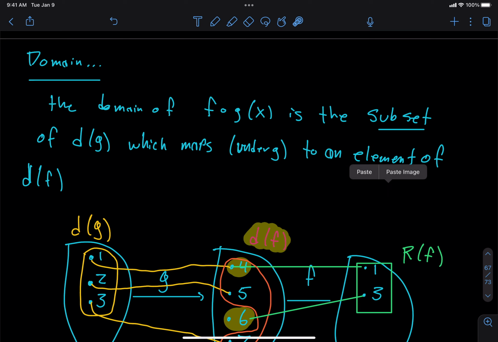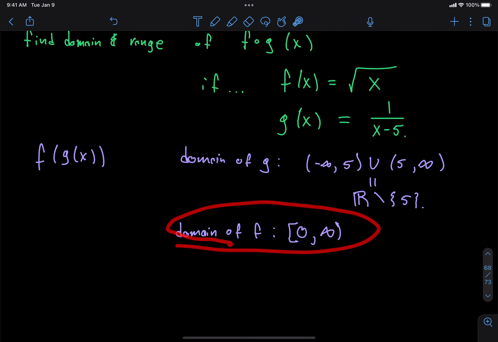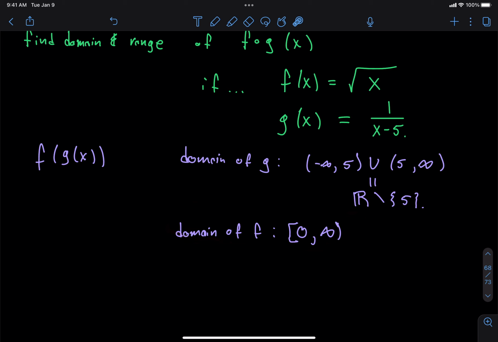So what kind of numbers can be plugged into f? It's all the positive numbers. So I need to consider what are the numbers which, if I plug them into g, result in a positive output. Yeah?